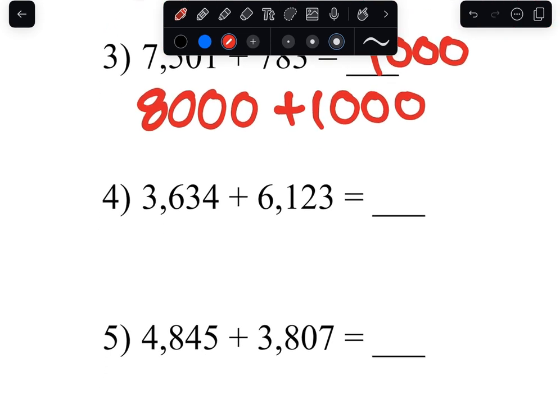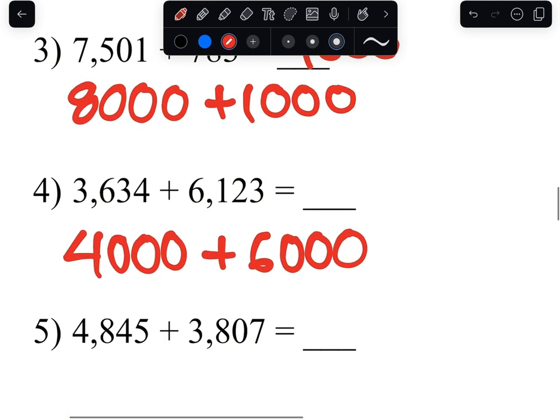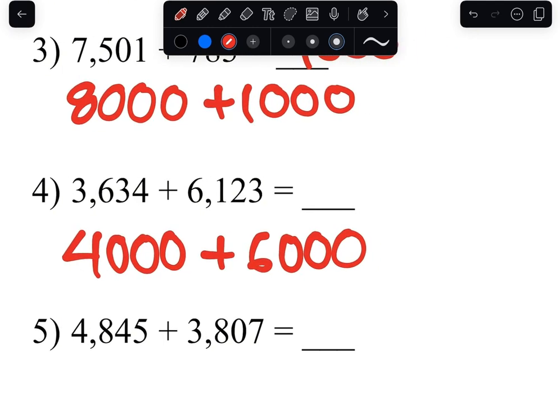Number 4, 3,634 plus 6,123. 3,634 rounds up to 4,000, and 6,123 rounds down to 6,000. So the answer for number 4 is 10,000.